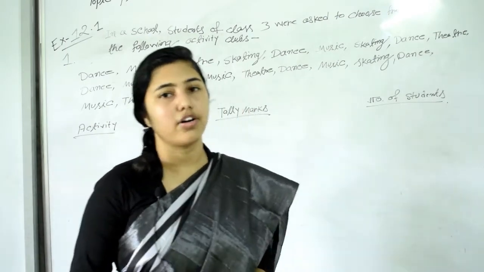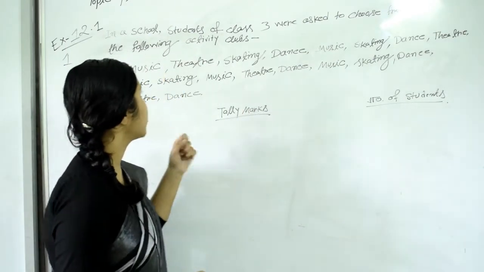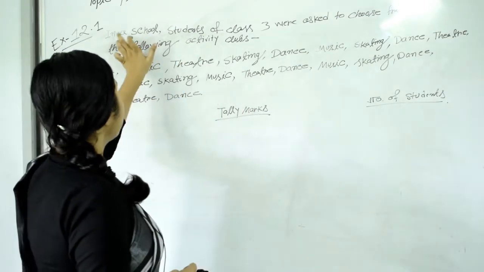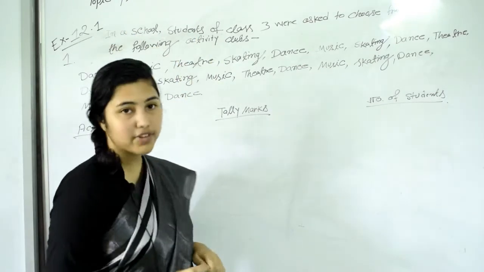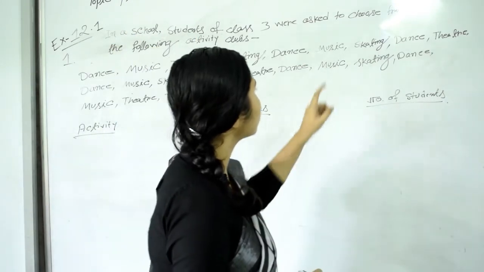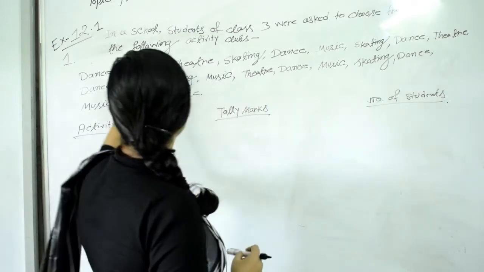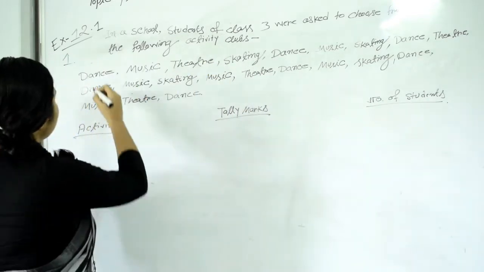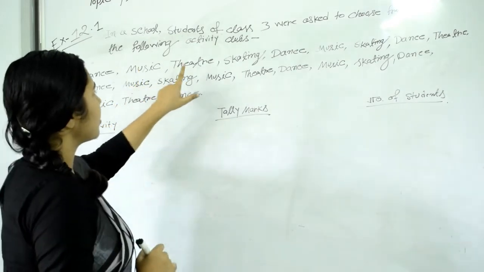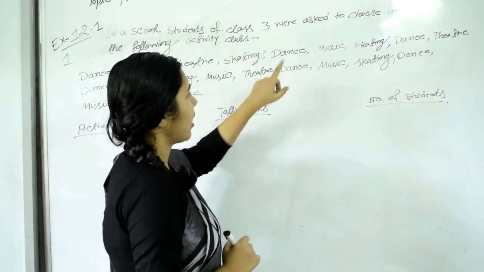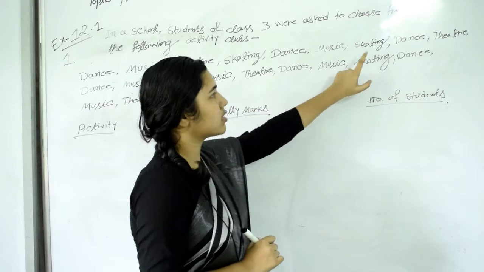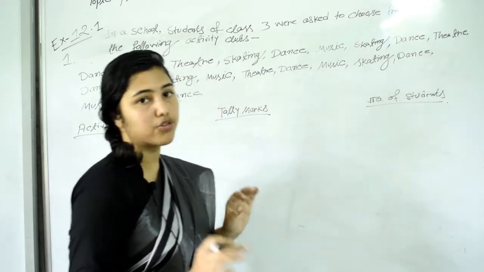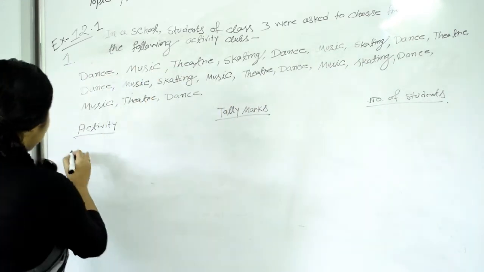So here in our exercise, our first question: in a school, students of class 3 are asked to choose from the following activity clubs. So first, dance, music, theatre, skating, and again dance, music, skating, again dance. So first, consider dance.